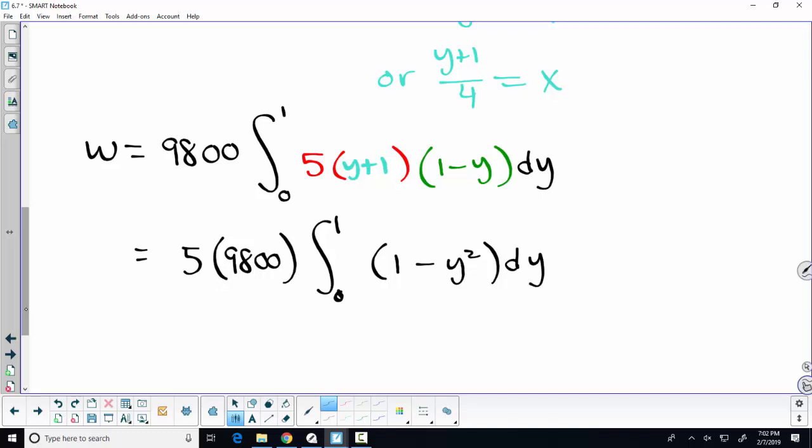Honestly, none of these in this section that I've seen turn out to be difficult antiderivatives. The difficult part is just setting it up.